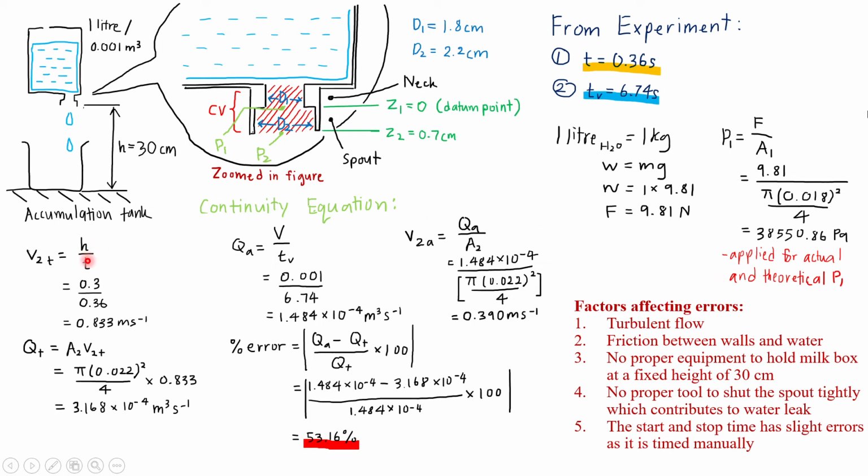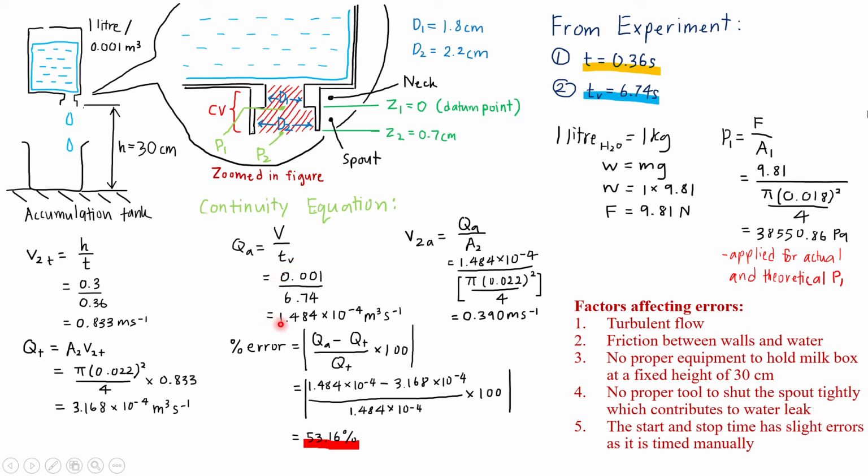So from the experiment, we have time taken, and we can find the theoretical velocity at point 2. And with the value of V2t, we can find the theoretical flow rate by using the continuity equation. On the other hand, we can find the actual flow rate by using the volume in terms of meter cube and divide it by the time obtained from the second experiment.